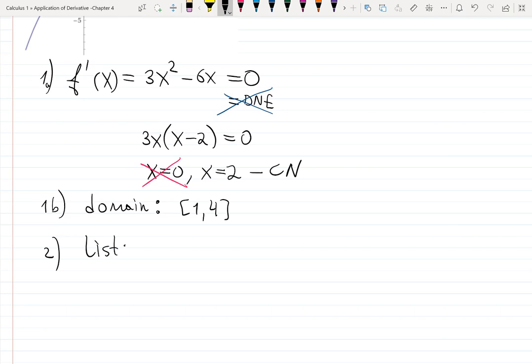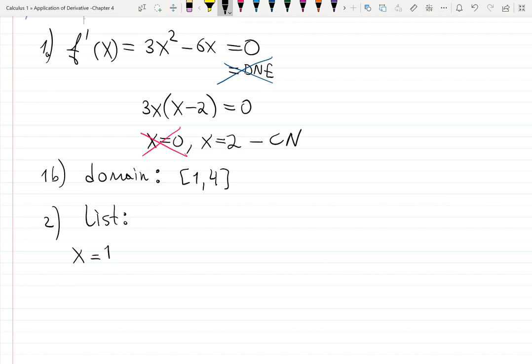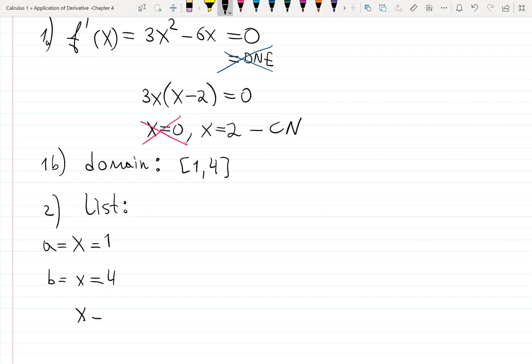List. Make a list. x equals 1, that's my A. B, x equals 4. And the critical value only x equals 2. That's my list. The function: I don't remember the function and I like rewriting it again, but you don't have to. f of x is x cubed minus 3x squared plus 1.